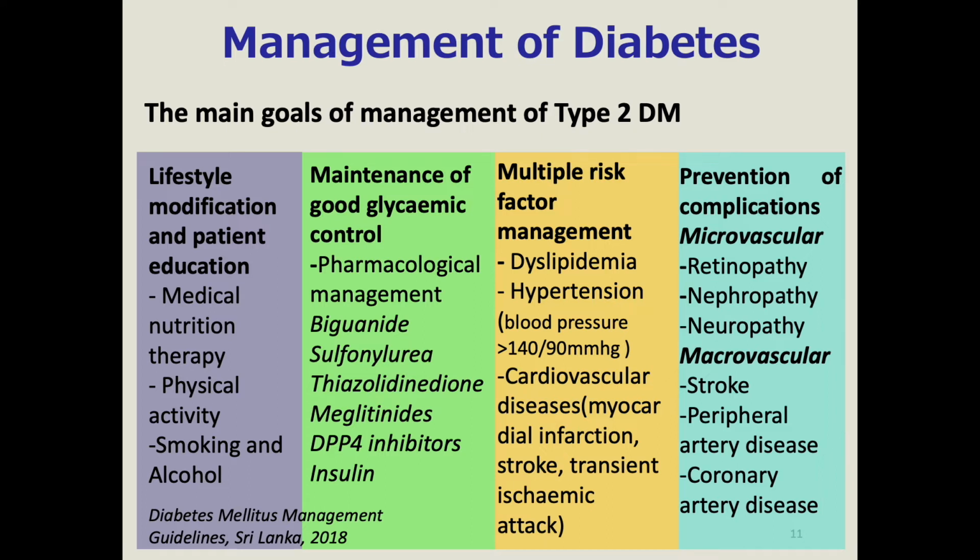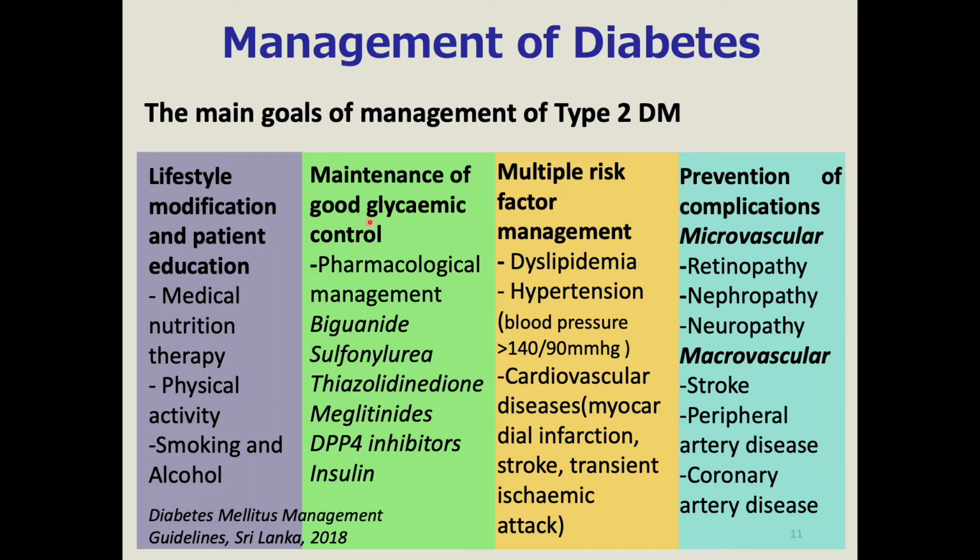Patient education is an essential continuous process to facilitate patients' knowledge, skills, and ability necessary for self-diabetes care. For lifestyle modification, we have to offer medical nutritional therapy, and advise the patients to increase their physical activity and to avoid smoking and alcohol. We will discuss more about this part in the next few slides.